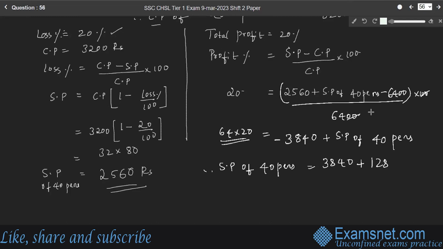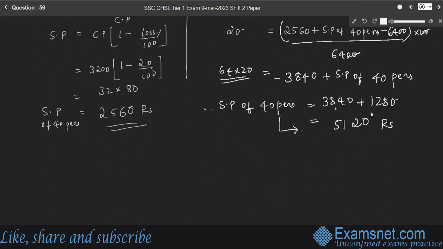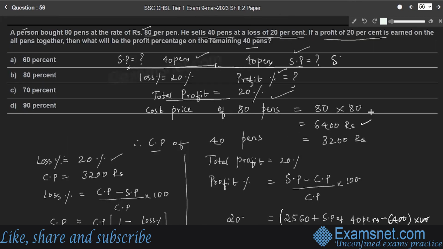So 1,280, right? So 5,120 rupees is the selling price of the remaining 40 pens, right? So selling price is how much? 5,120 rupees is the selling price of the remaining 40 pens.